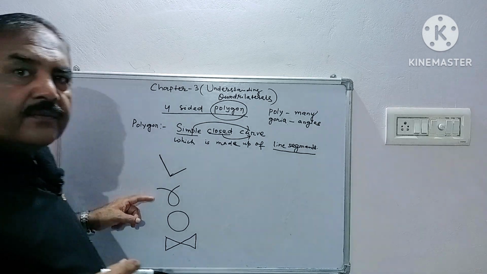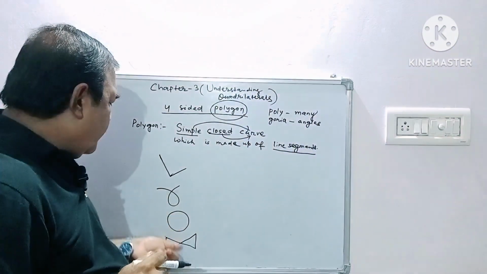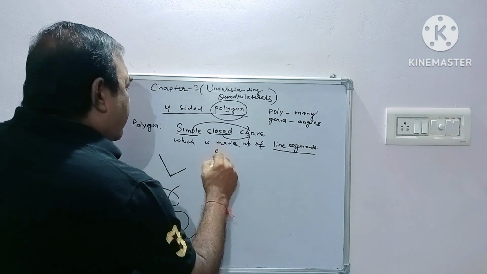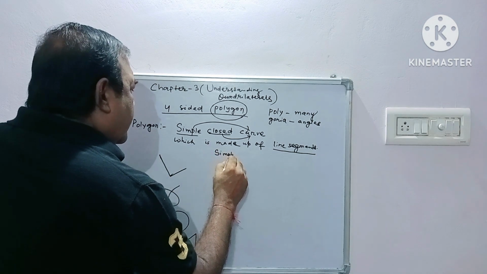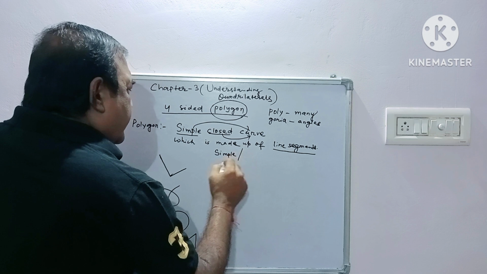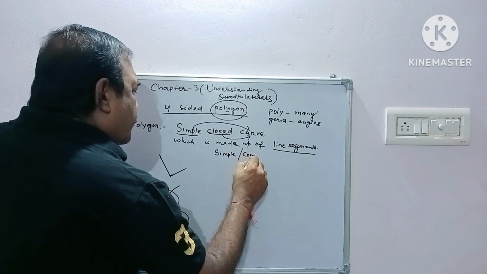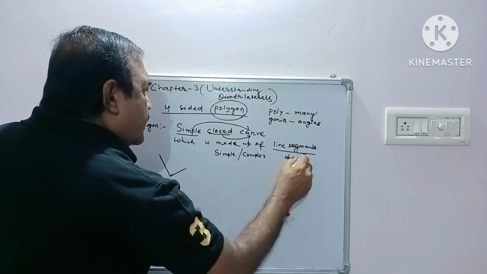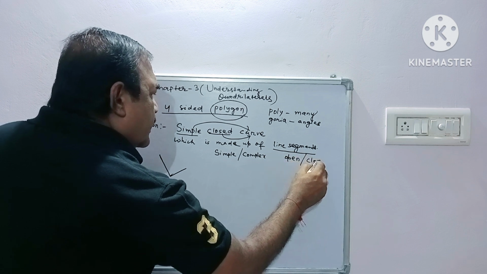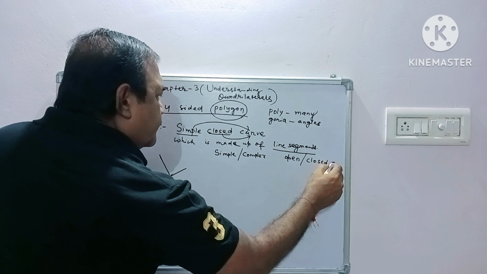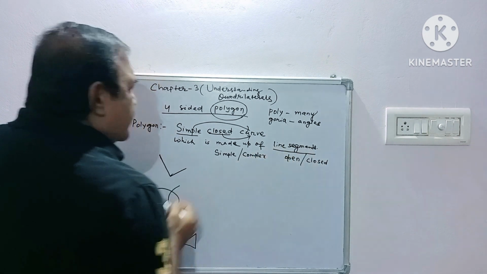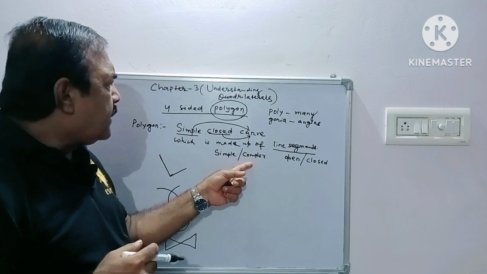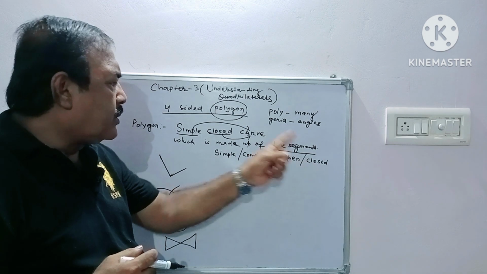And you see, simple curve, then complex curve, just opposite. Open curve, just opposite, closed curve. We are studying the curve: simple curve or complex curve, open curve or closed curve.